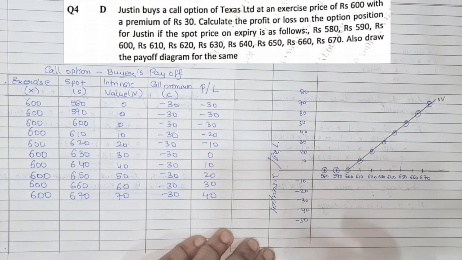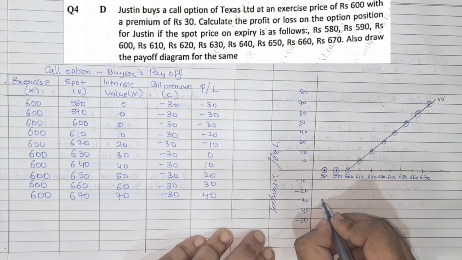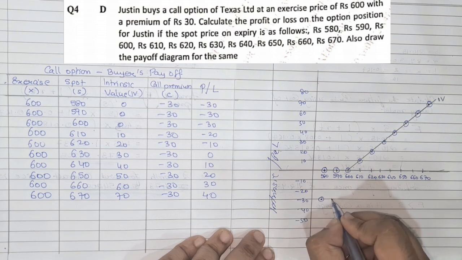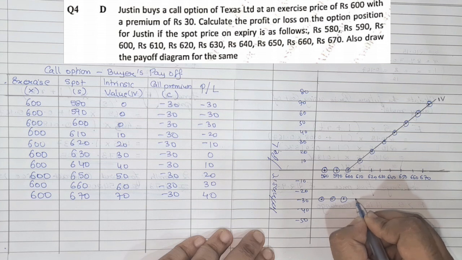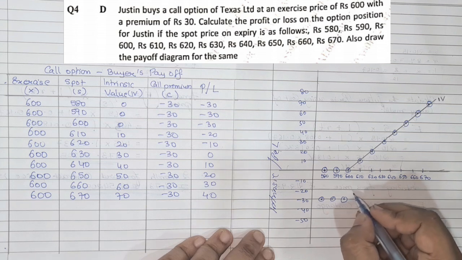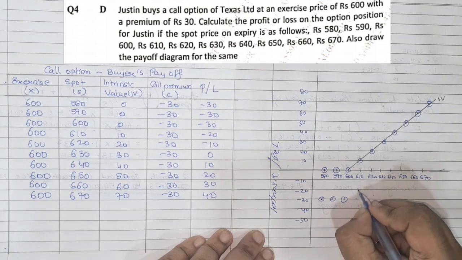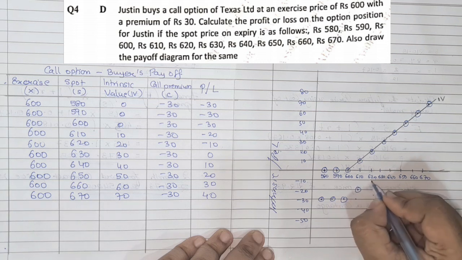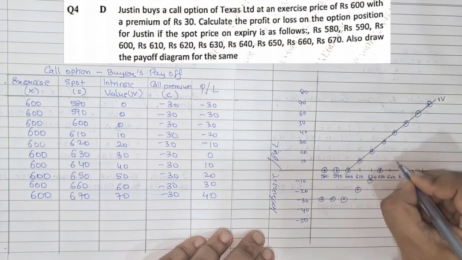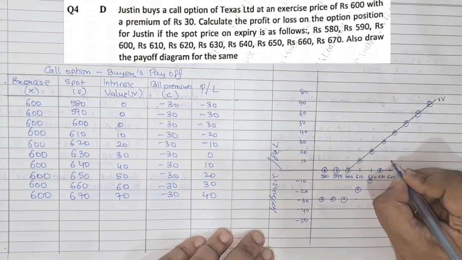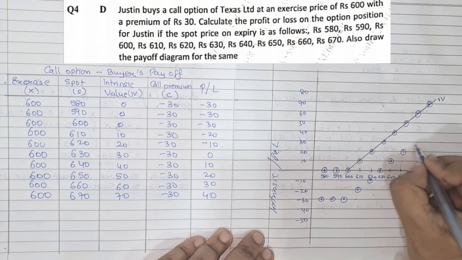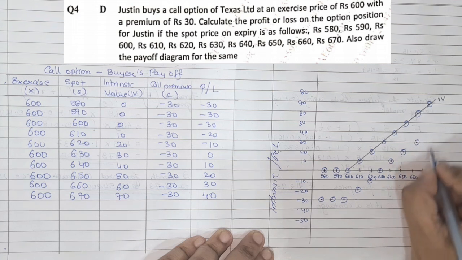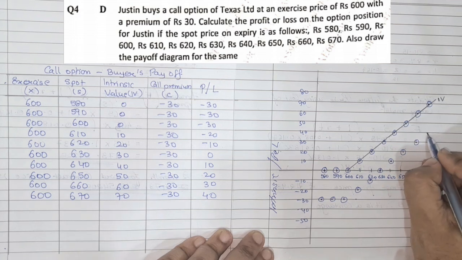Same way now we will make it for the PNL. At 580 it is negative 30, again negative 30, again negative 30. At 610 it is negative 20, then negative 10, then 0, then we have 10 positive, 20 positive, 30 positive, and 40 positive.